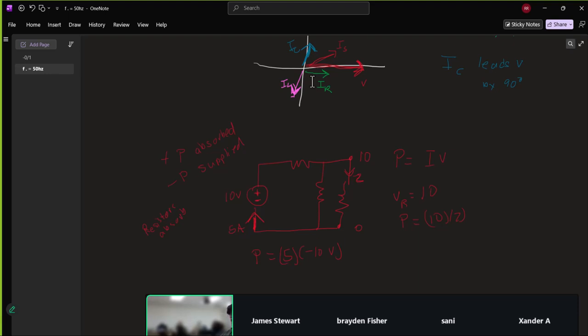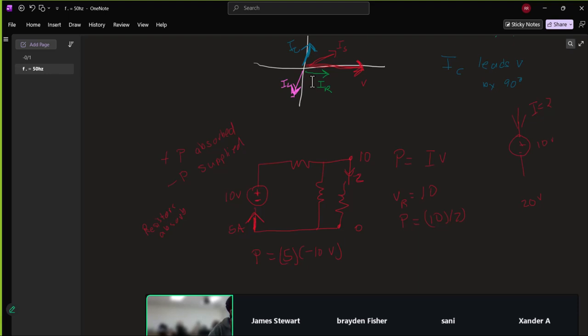Depending on, like, if I have a power supply and my current is coming into this side and it's a positive current, and this is 10 volts, and that's a positive current, then this power would be a positive 20, which means it is absorbing, so it's like it's charging. So you can have power supplies that charge.